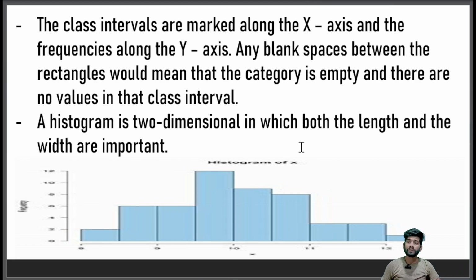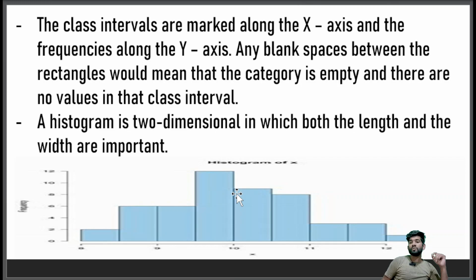The class intervals are marked along the x-axis and the frequencies along the y-axis. Any blank space between the rectangles would mean that a category is empty and there are no values in the class interval.